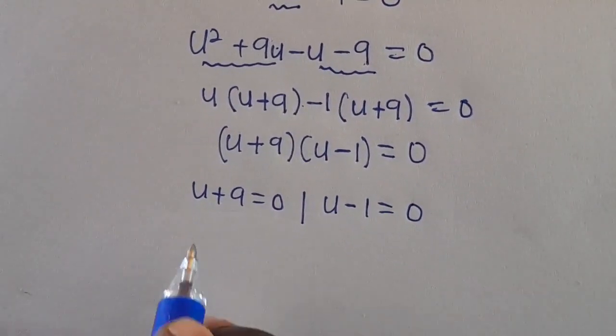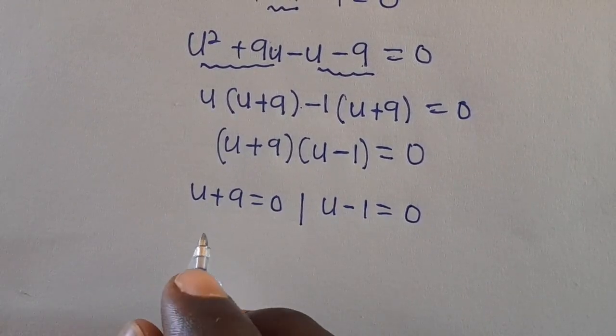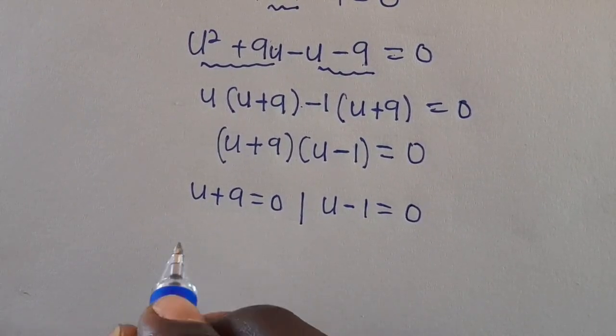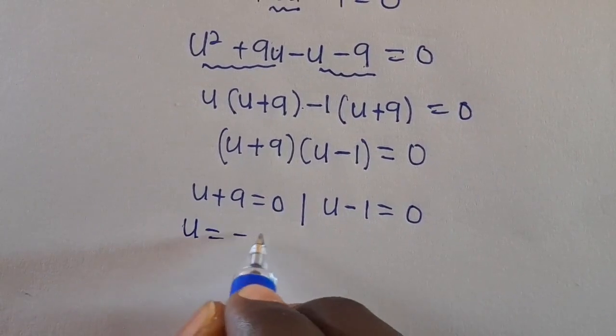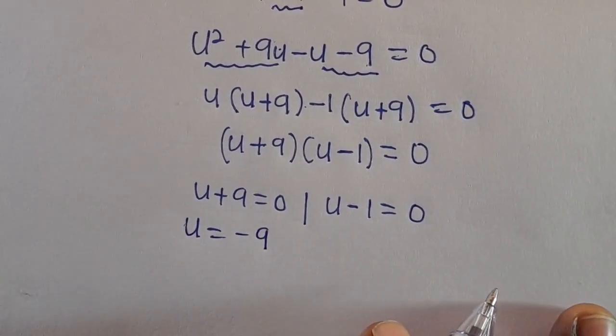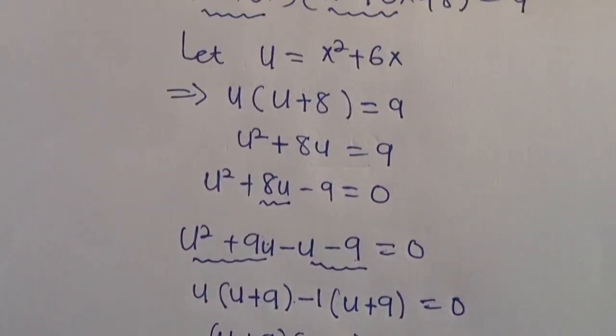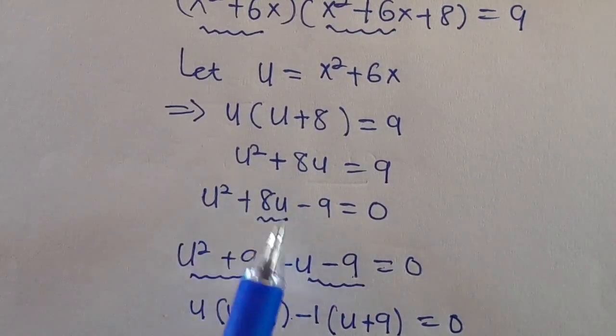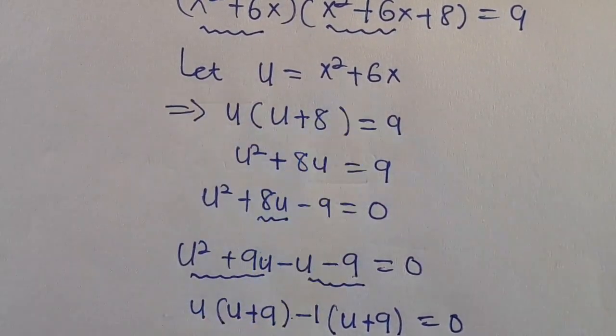And clearly from here, u equals minus 9. Let us recall that u equals x squared plus 6x.